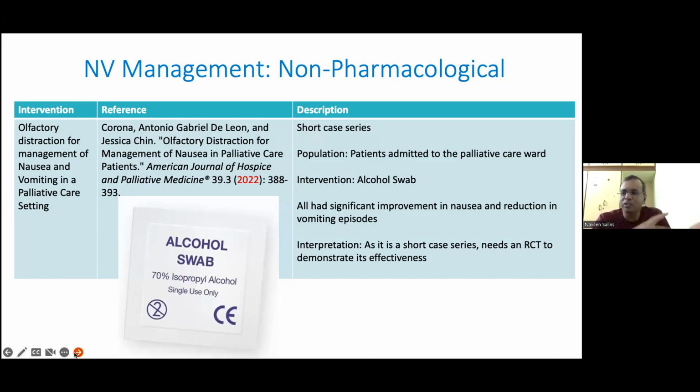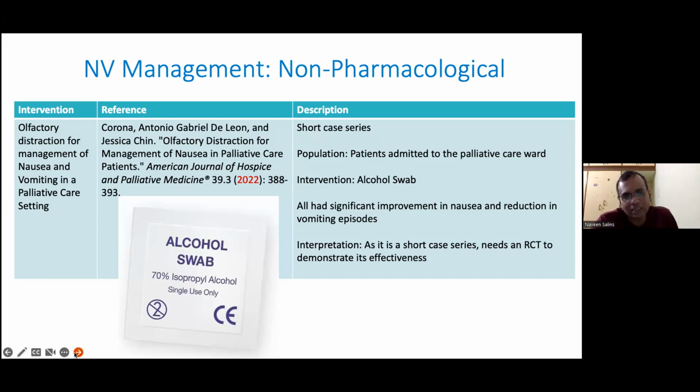They haven't used aromatherapy like the previous two studies, like the lemon oil pad or another unknown aromatherapy. They used the alcohol swab, which all of you know, a spirit swab. And they found that if you distract the patient by asking them to sniff the alcohol swab, it reduced nausea and vomiting.